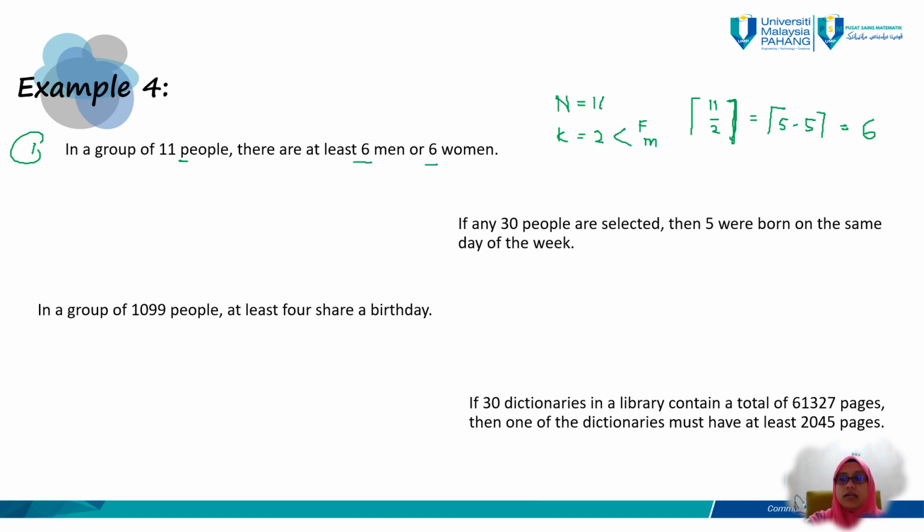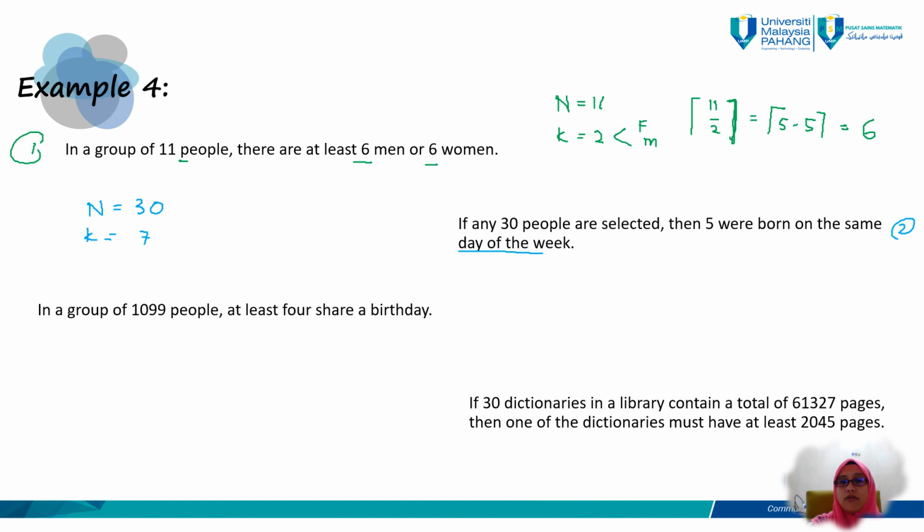Okay, the second example here. If any 30 people are selected, then 5 were born on the same day of the week. Is it correct? So what is the object? Object is 30 people. So what are the places? Our K is equal to the days of the week, so 7.